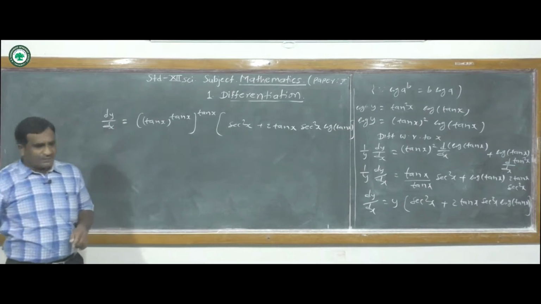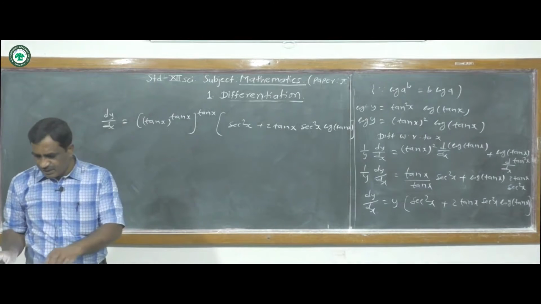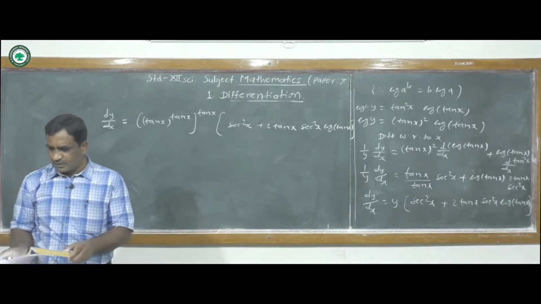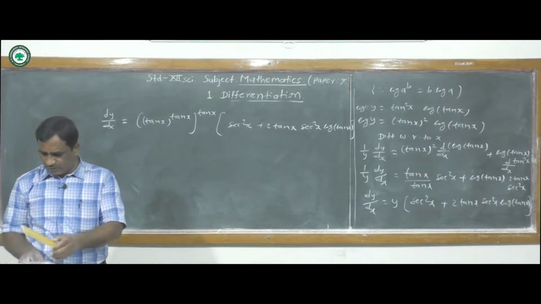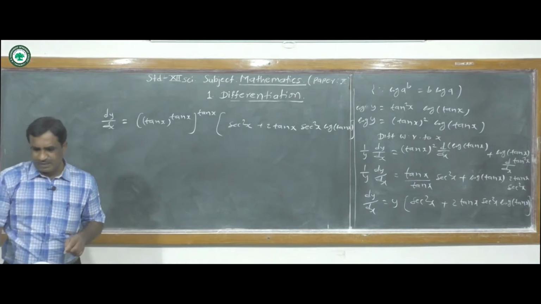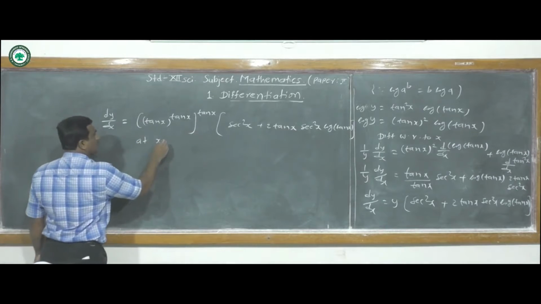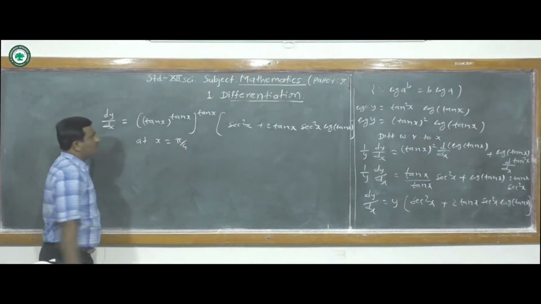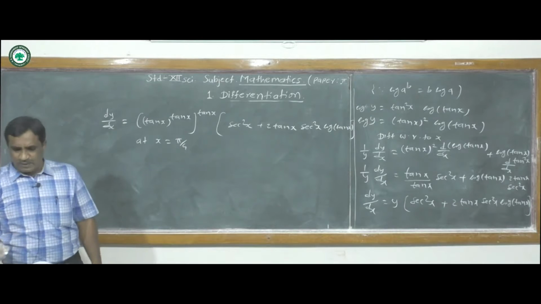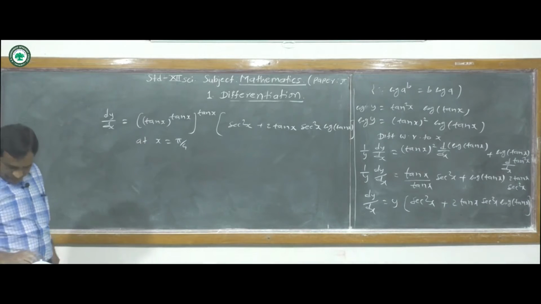Now we have to find the value of dy by dx at x equal to pi by 4. That is, put x is equal to pi by 4 in each term.